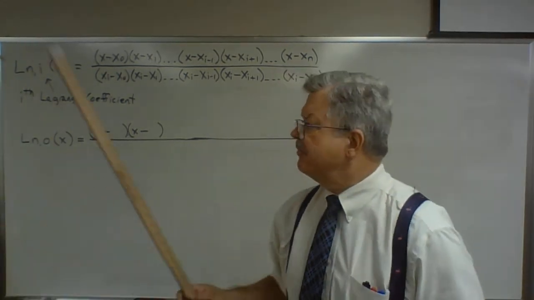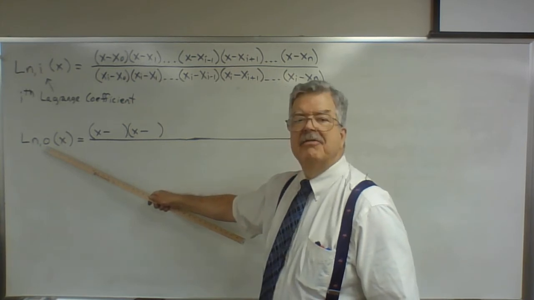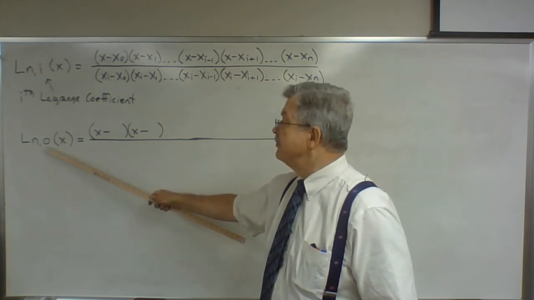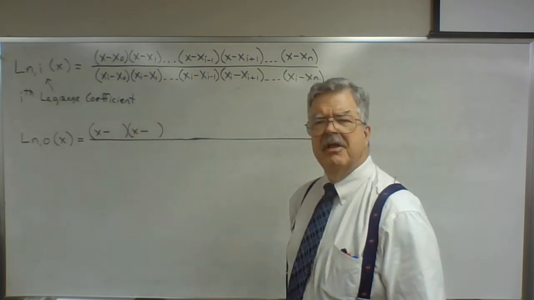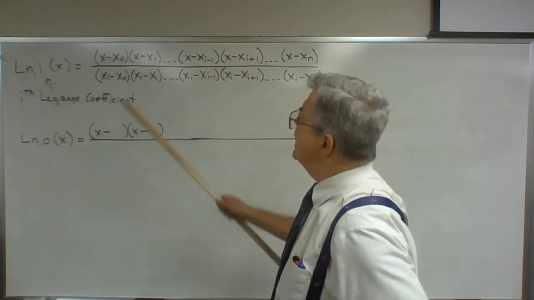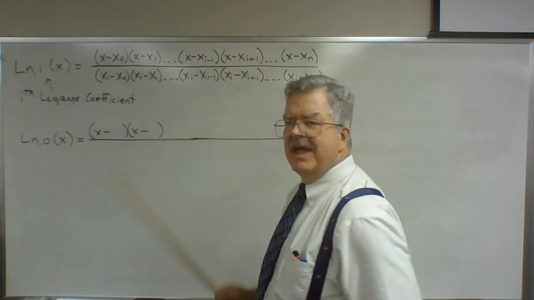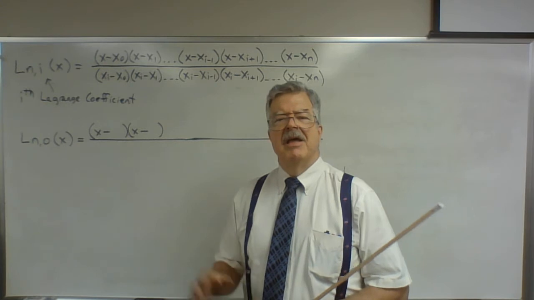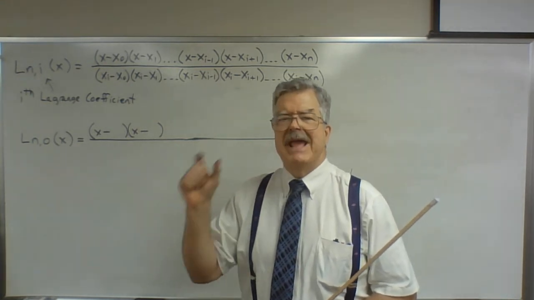Let's do the 0th Lagrange coefficient of degree n. And we'll use our model as reference. Up top, we have x minus x0, x minus x1. We have x minus the x coordinate of every data point except x of I.